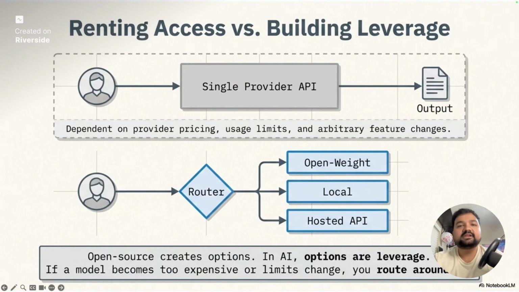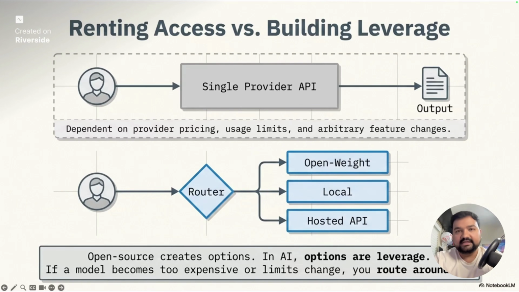So let's talk about renting access versus building leverage. Now let's zoom out. When you use a closed model, you are renting access. This is not bad. Renting gives you convenience. You get great performance, updates, hosted infrastructure, and easy access.